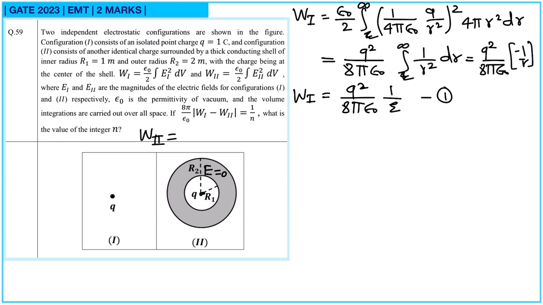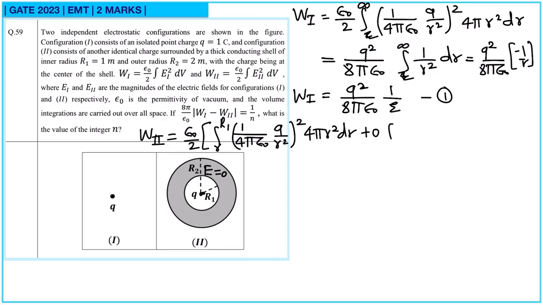So W2 is equal to epsilon naught by 2, then first is r to r1, and that is 1 upon 4 pi epsilon naught into q by r square into 4 pi r square dr plus 0, and outside of it, so plus r2 to infinity and again it will be 1 upon 4 pi epsilon naught. Then we have q by r square here, the whole square, into 4 pi r square dr.